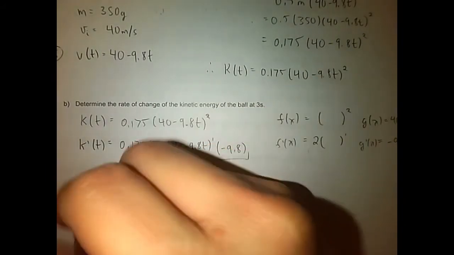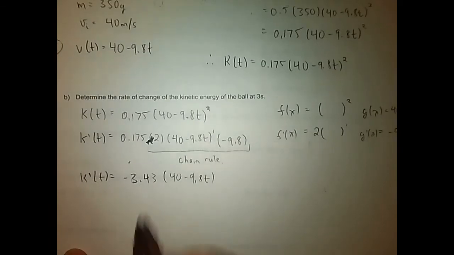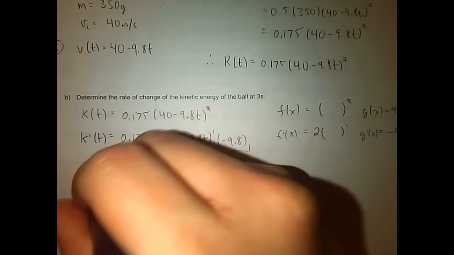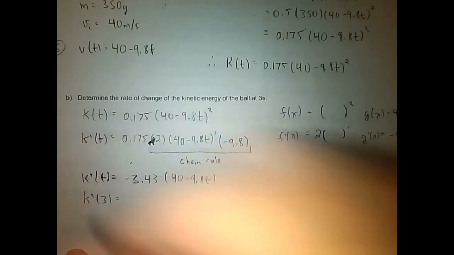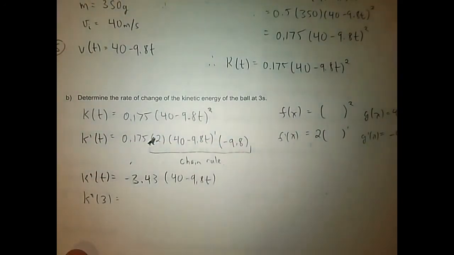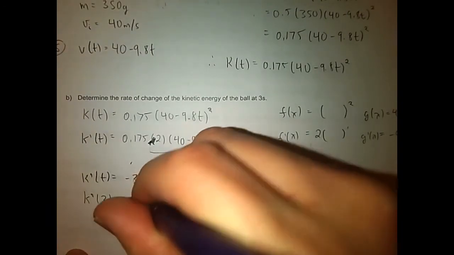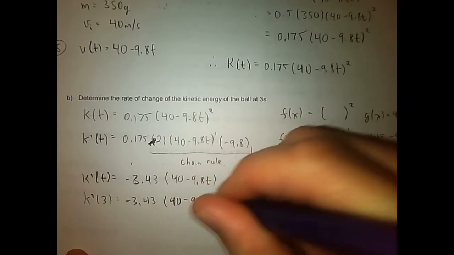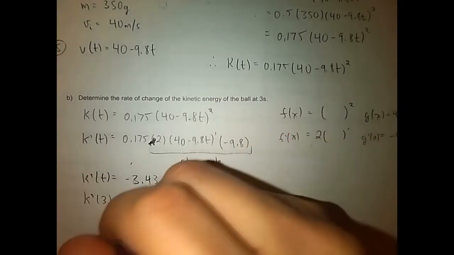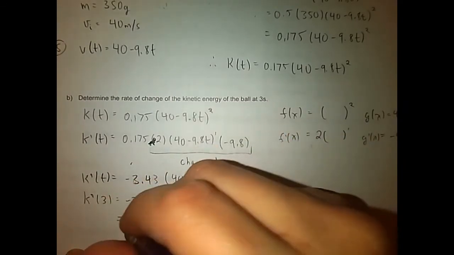And now we're just finding the kinetic energy of the ball at 3 seconds. So I'll set this at 3. Well, sorry, the rate of change of the kinetic energy of the ball at 3 seconds. So rate of change is important there. So negative 3.43 times 40 minus 9.8 times 3. I can simplify all of this.